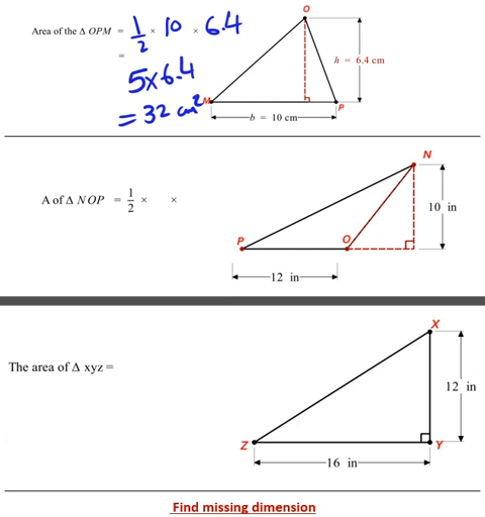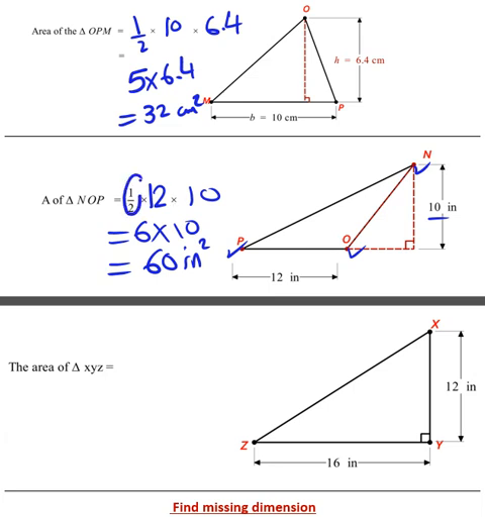Calculate this area, pause the video and check. The area of the triangle NOP is half times the base 12 times the height 10, which is 6 times 10, which is 60 square inches. Please don't forget that the area of any triangle equals half. Don't forget half.